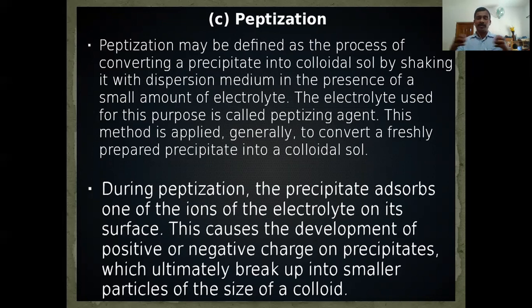That develops a repulsion. Due to this repulsion, further aggregation and conversion to precipitate, that is coagulation, is impossible. So, because of the development of this positive charge, the precipitate particles will be separated and further union of the separated particles is not possible. That is the principle behind peptization.